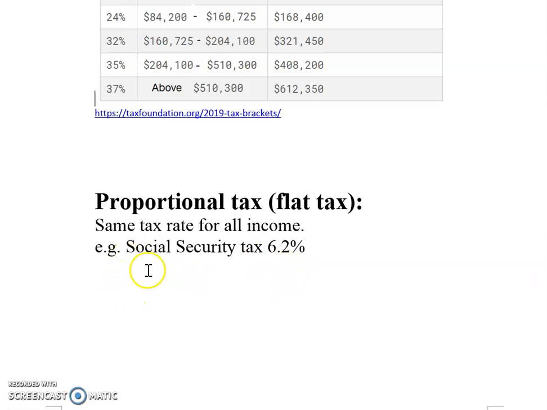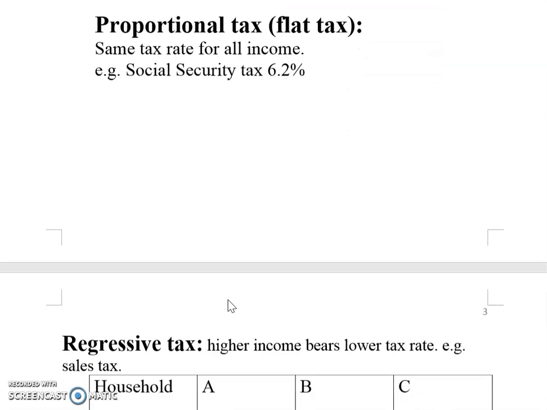Say this is the first dollar I earn, okay, 6.2%. There are those limits, 132,900. So all of the income up to that limit, below that limit, it is 6.2%. So this is proportional tax.